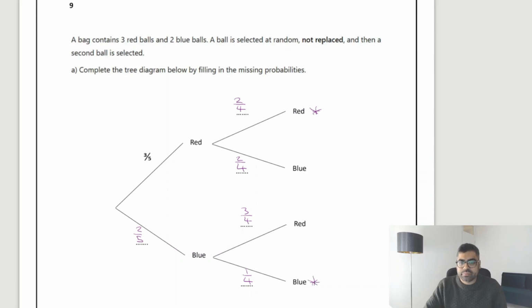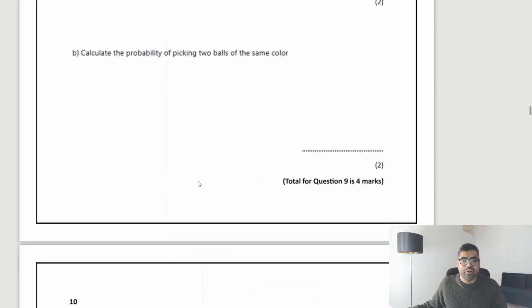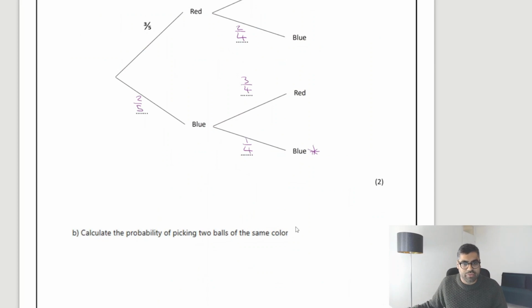So hopefully you're familiar enough with the and the or rule in probability. At some point I may do a video on it if anyone needs any particular help. But let's have a look at this. So we're going to take the route of red and red, or we're going to take the route of blue and blue. If we take either of those routes, that means that we'll be able to work out the probability of picking 2 balls of the same colour.